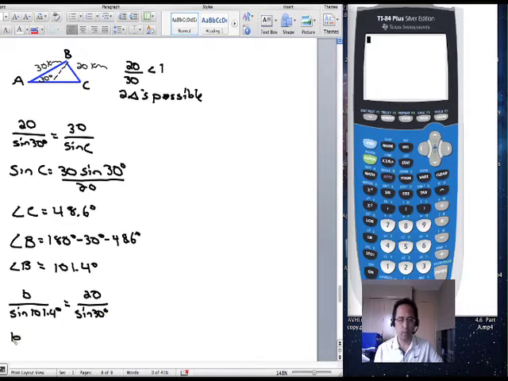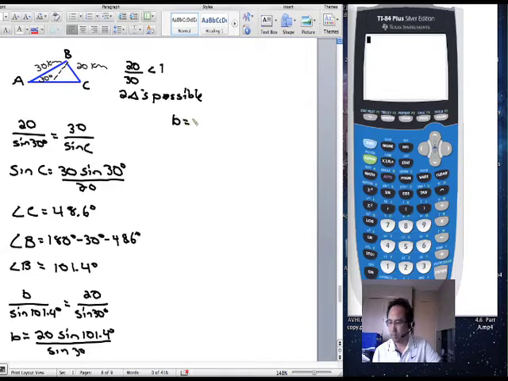Cross multiply and solve for B. B is going to be equal to 20 sine 101.4 degrees, all divided by sine 30. And so I'll bring my calculations up here. So B is going to be equal to 39.2 kilometers.